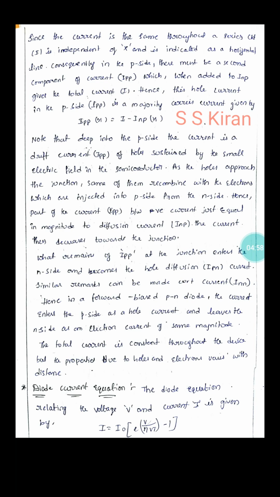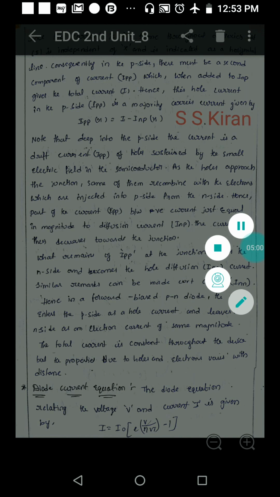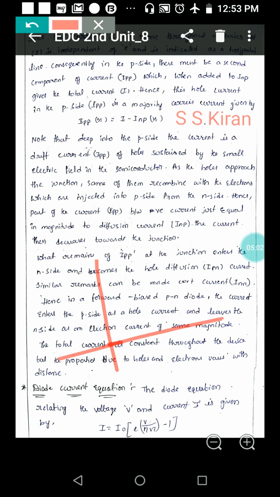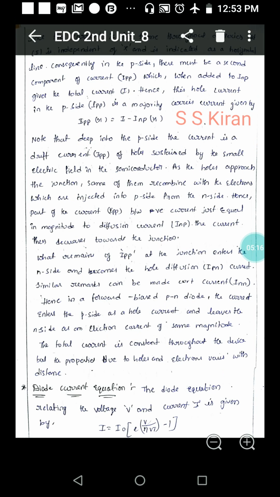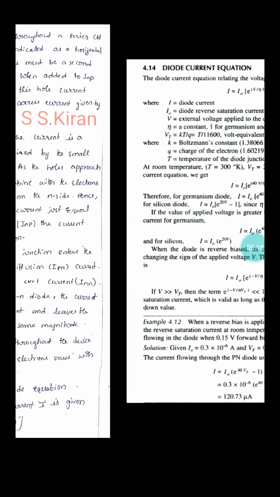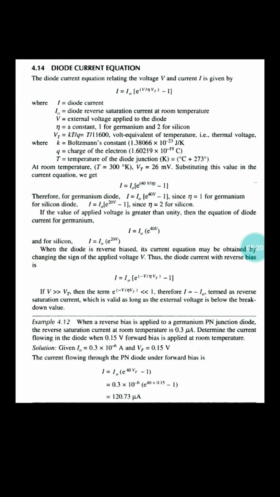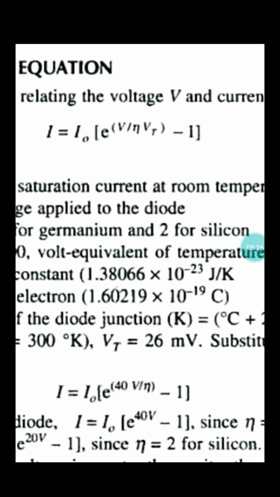I will show a diagram like this exponential one: this is voltage and this is current, so I is equal to some e to the power of V, an exponential increase. Now we can read how it comes. The diode current equation relating the voltage and current is given here.